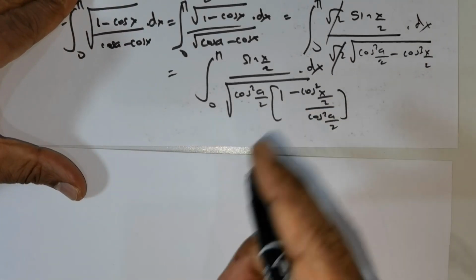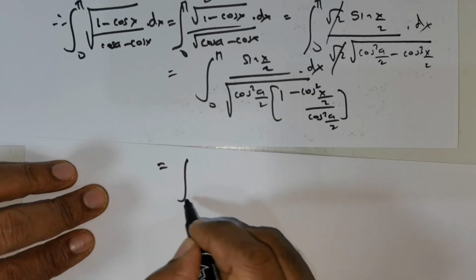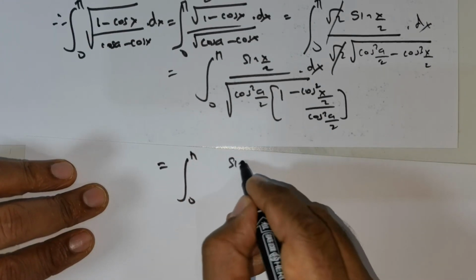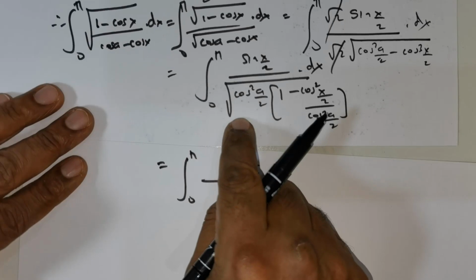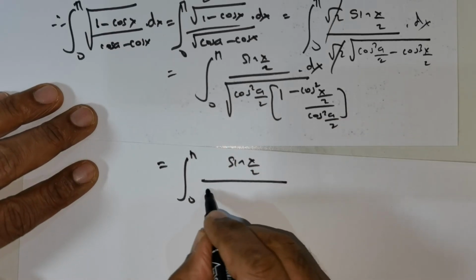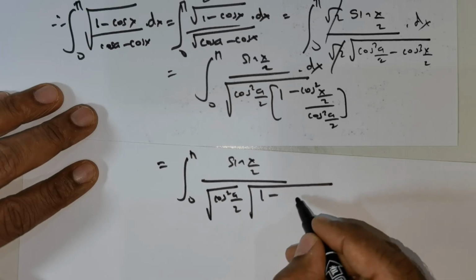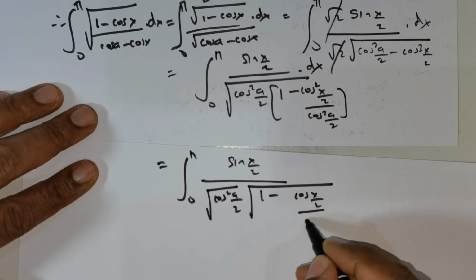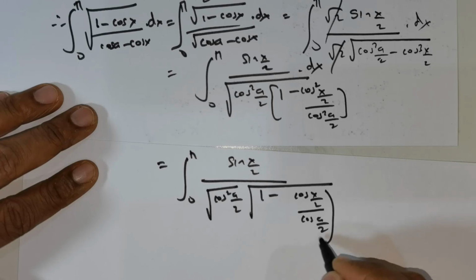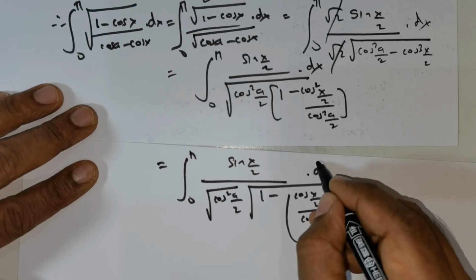So from here, this is equal to the integral from 0 to pi of sine x over 2. I can apply the square root, so that would give me root of cos squared a over 2 times the root of 1 - (cos x over 2 divided by cos a over 2) the whole squared, times dx.